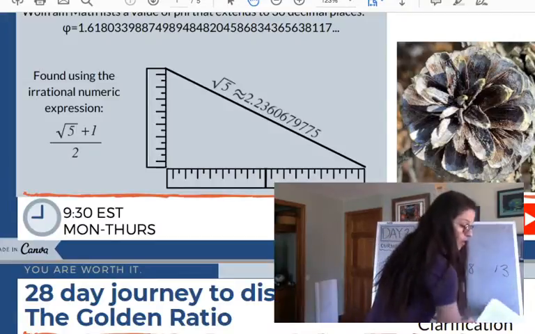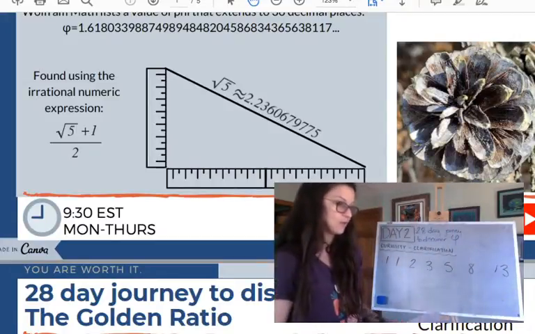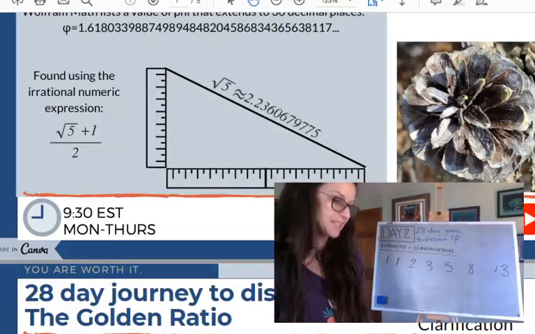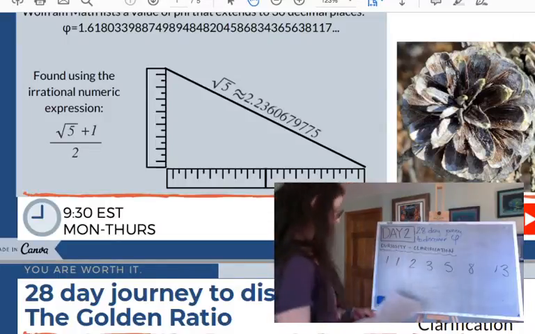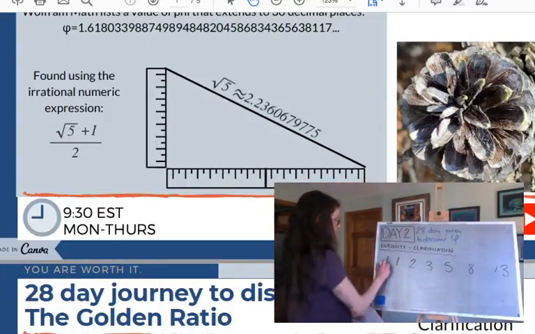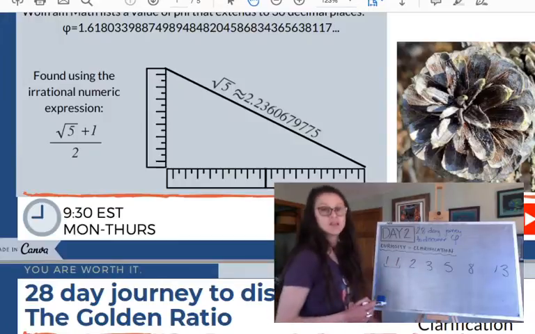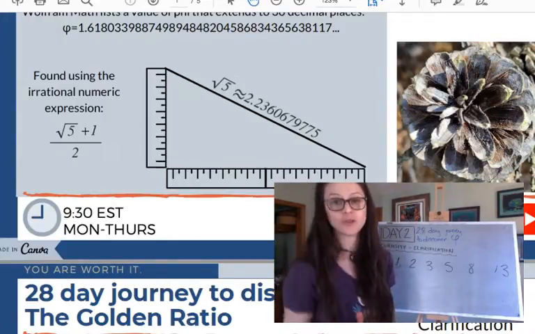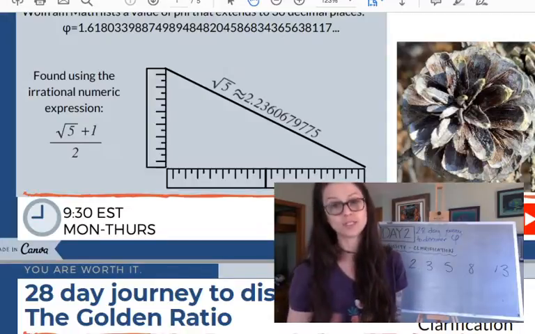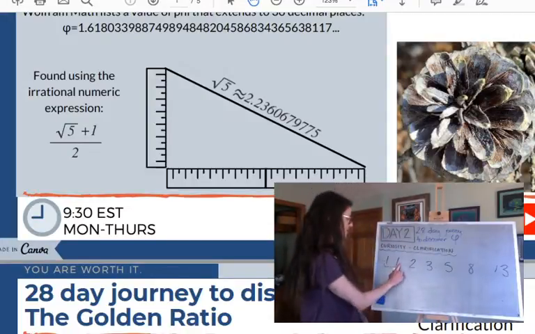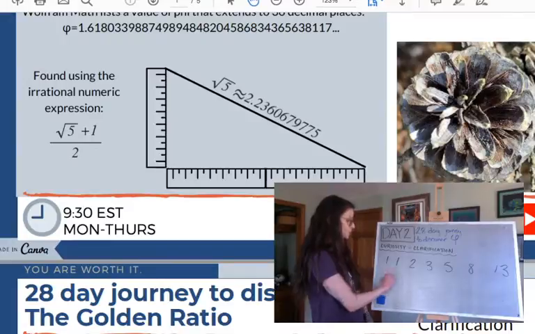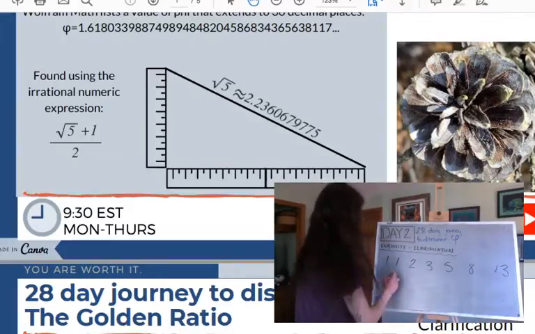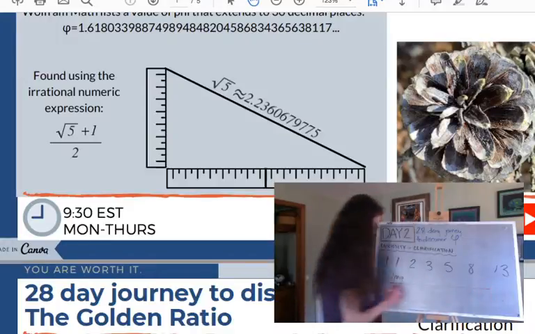Okay, so as we're looking, we want to write them as pairs in a ratio table. So 1 and 1 we could put into a ratio table, but remember how we set up the ratio table for the golden spiral, a longer and a shorter side. In this case, they are the same length, so I'm going to ignore the first two, and I need my longer side to my shorter side.